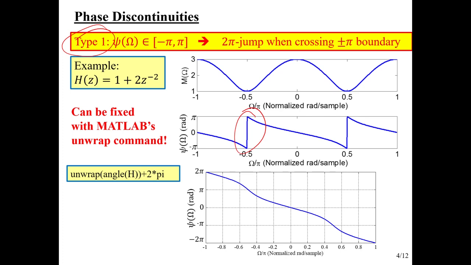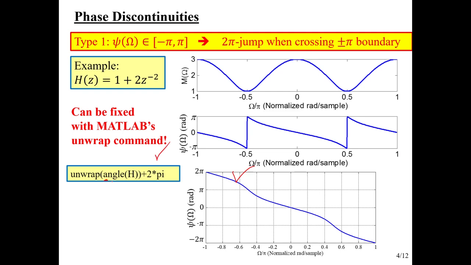That's a good way to think about it. It looks like it should go a little bit farther, and it just wraps it back over to here. So that's the idea. I can get this unwrapped phase by doing this command for this case.